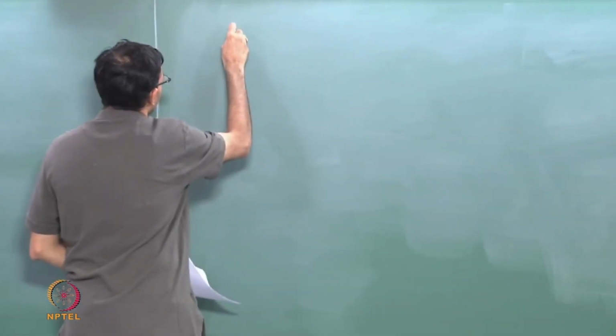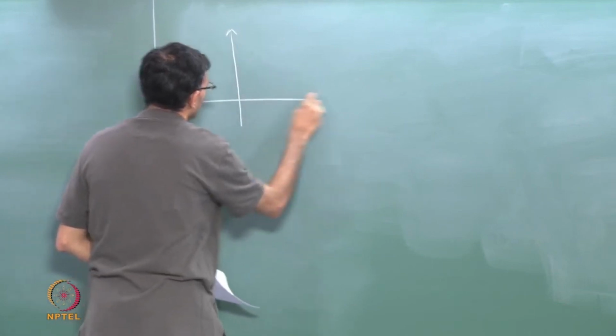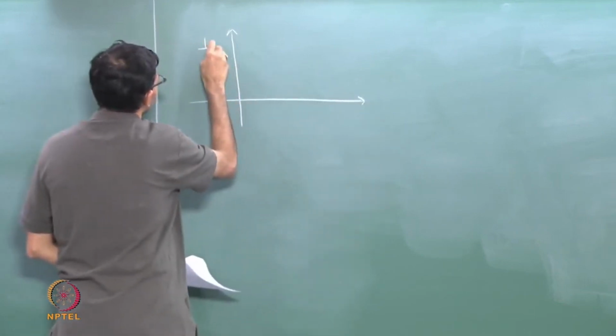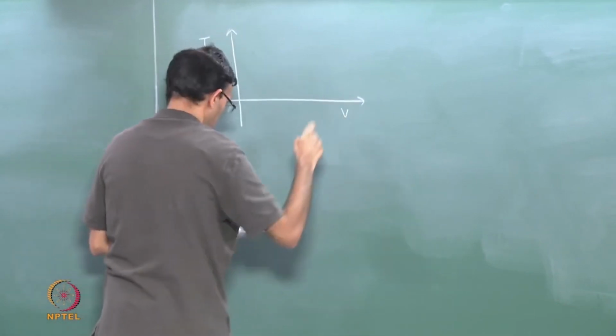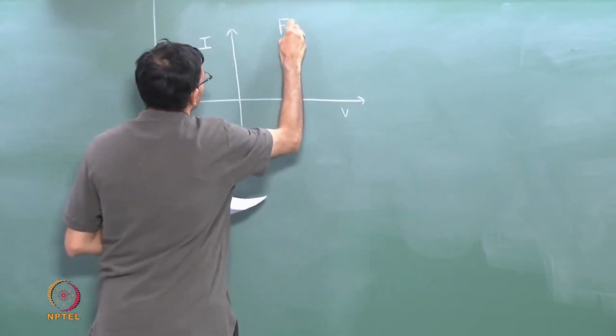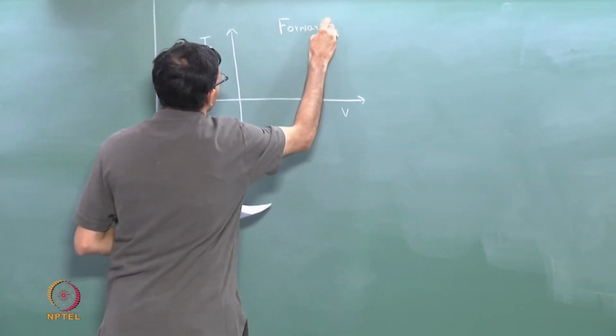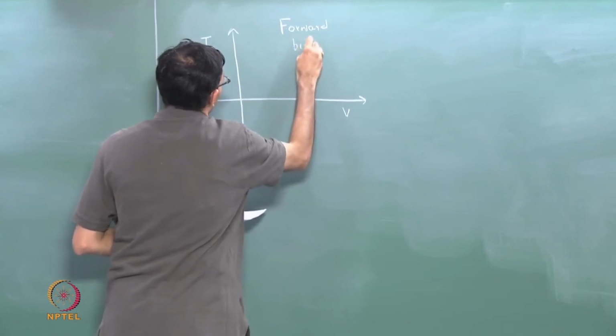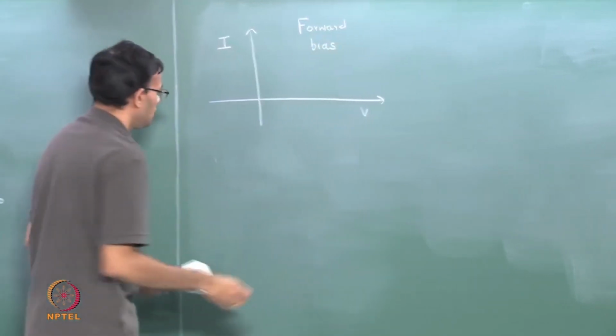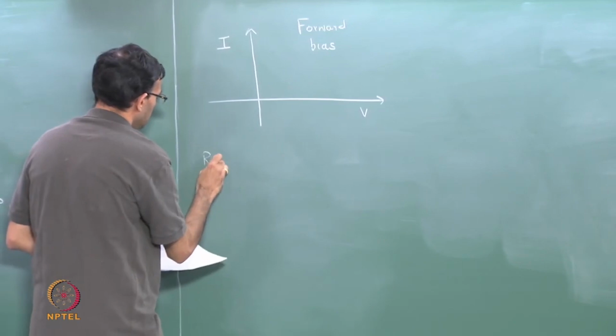So the first quadrant is your forward bias and the fourth quadrant is the reverse bias.